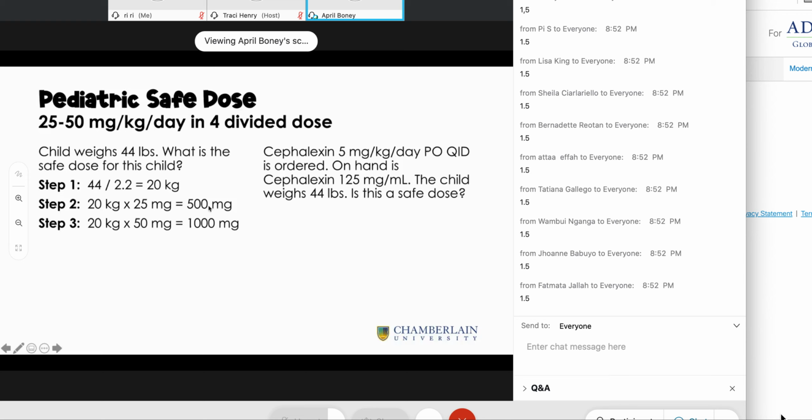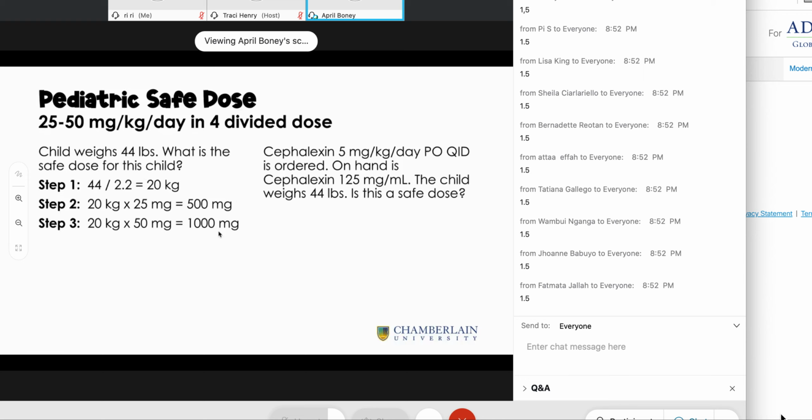So 500 is the minimum amount of medication that we want to give for this child. 20 times 50 milligrams, the high end of the range, gives us 1,000. So the safe range for our patient who weighs 44 pounds is 500 to 1,000 milligrams per day.